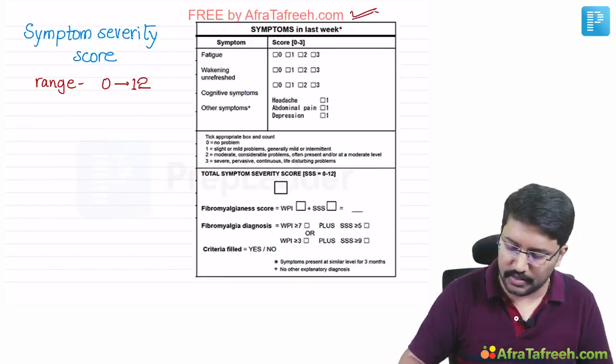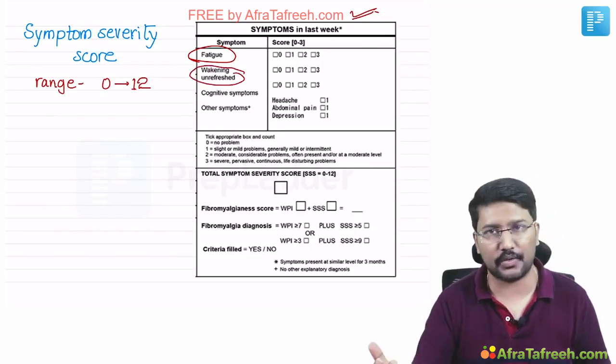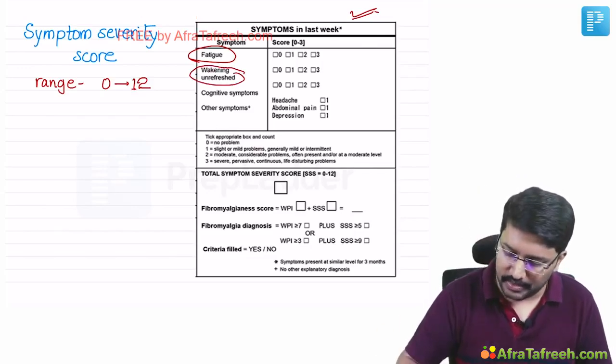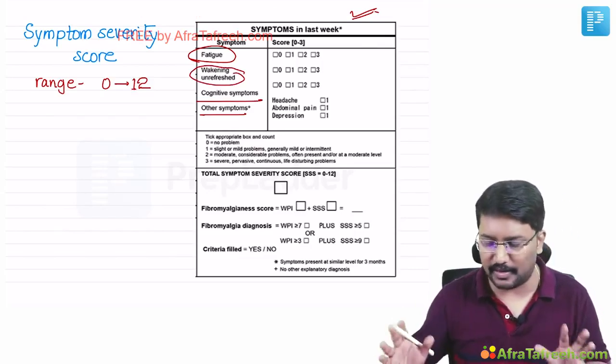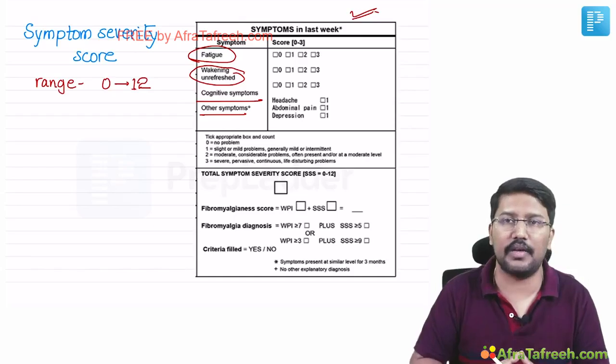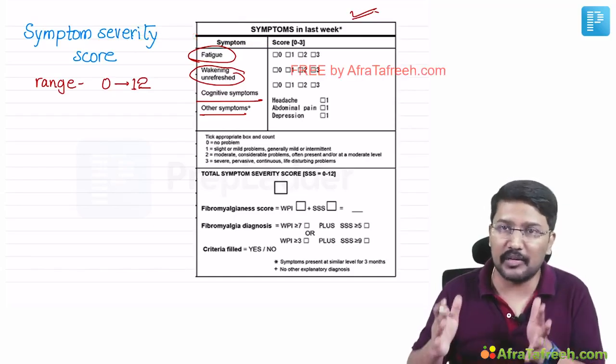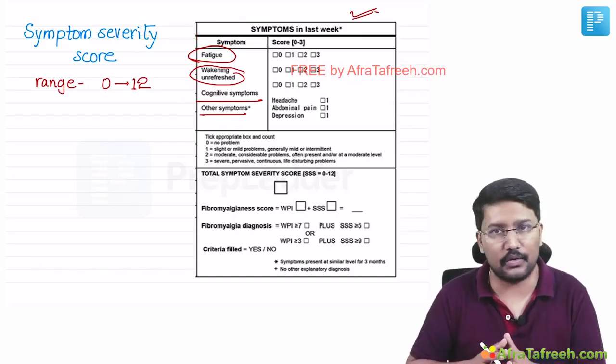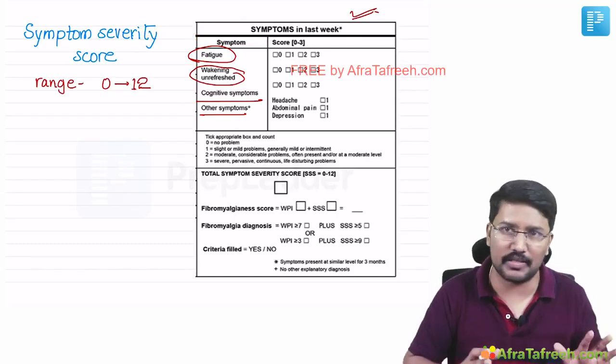Okay, so this is the symptom severity score. What are the components included here? Fatigue is a component, waking unrefreshed, that means non-restorative sleep, and cognitive symptoms and other symptoms like headache, abdominal pain and depression are taken into account. So in the symptom severity score, basically the associated symptoms are taken into account, and in the widespread pain index, obviously pain.